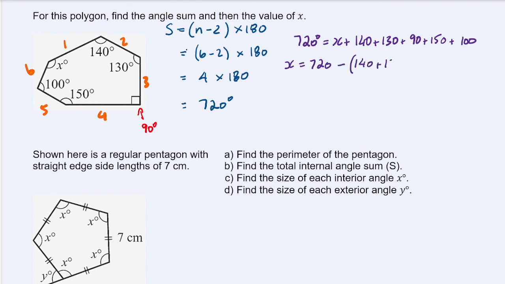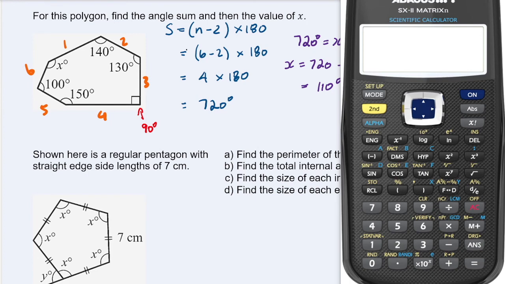So let's pop that in our list. And then once we calculate that all up, we're going to get 110 degrees. Let's see how that works within the calculator. So here's our calculator. Let's turn it on.